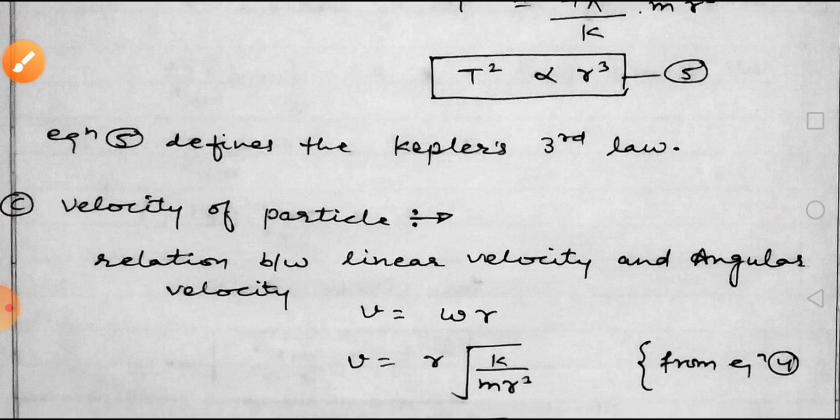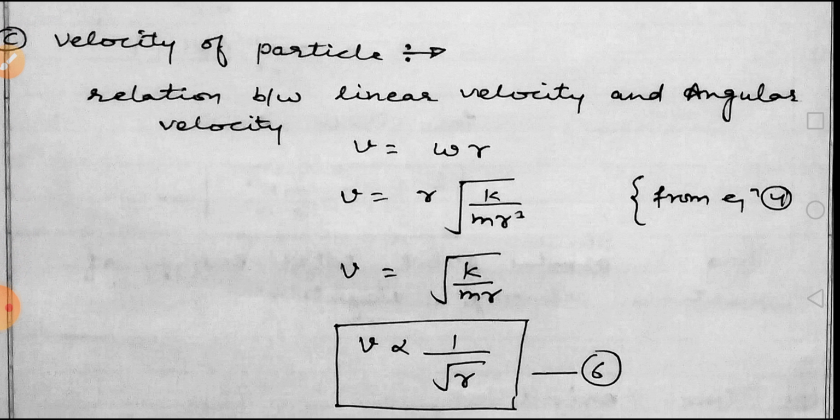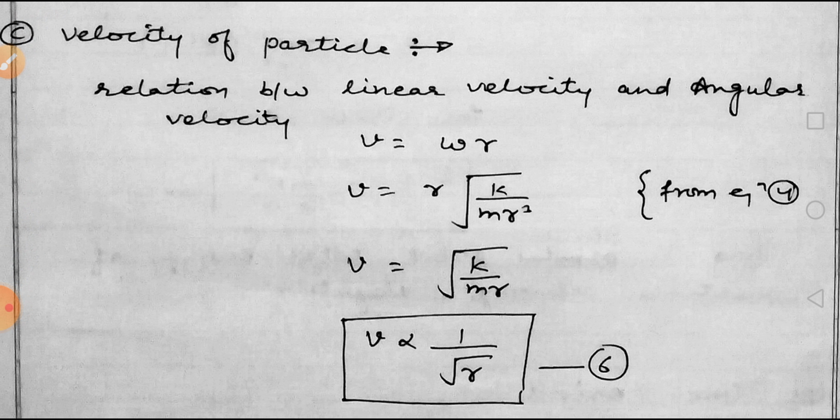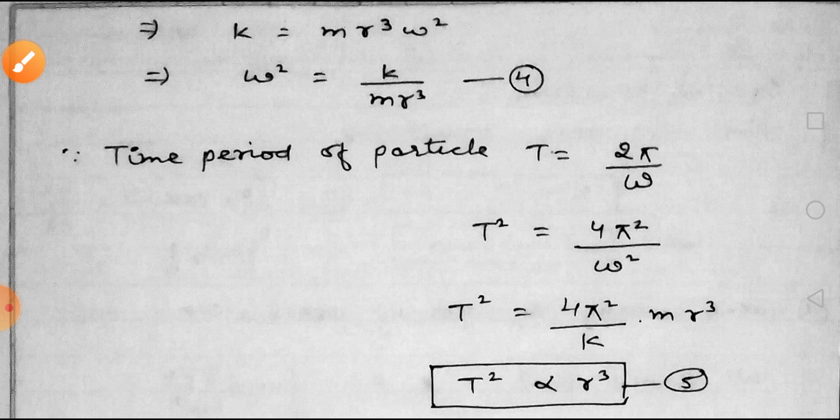And next, velocity of particle. We know the relation between linear velocity and angular velocity, which is v is equal to omega r, and put the value of omega from equation 4, which is under root k upon m r cube.